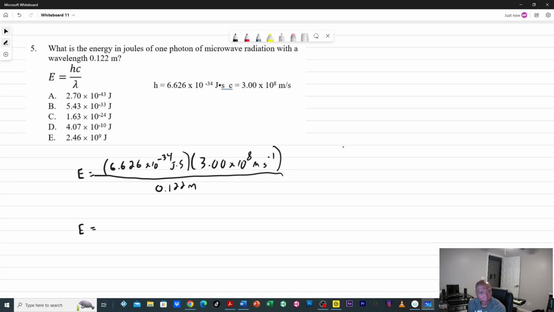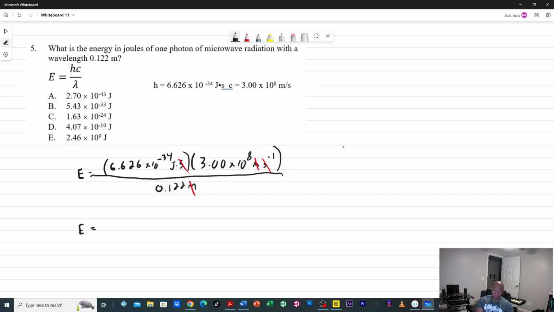Okay, well. Now, of course, I have meters in my numerator of the speed of light and meters in the denominator of wavelength. They cancel out. I have also reciprocal seconds in the speed of light and seconds in Planck's constant. They cancel out. The only unit I'm left with is joules, which, since I'm trying to find energy, makes sense.